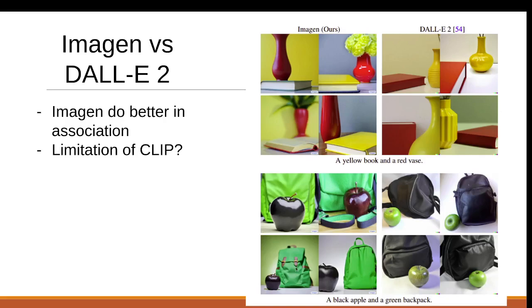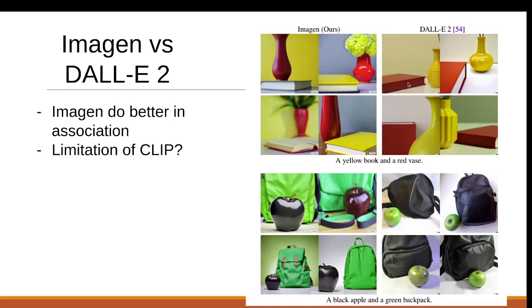But for Imagen, probably because of the big transformer model, it is able to understand this association. So black apple means the apple that's black, and it is able to create that quite faithfully. Same goes for the image on top. It's a yellow book and a red vase. Yellow book, red vase, but DALL-E 2 got it wrong.